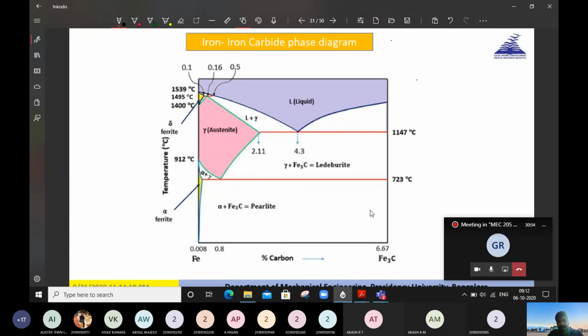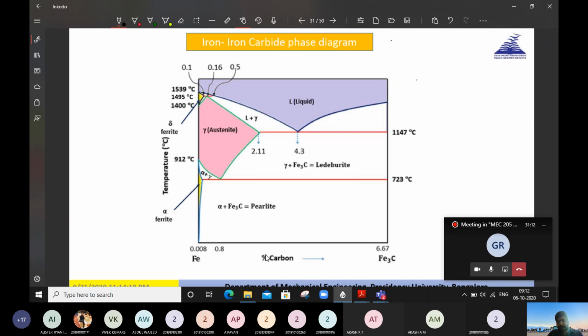And why iron carbide? At 6.67 percent of carbon, iron forms a compound with carbon, that is Fe3C, and this Fe3C is nothing but iron carbide. So that's why at 6.67 I have written Fe3C and not carbon.